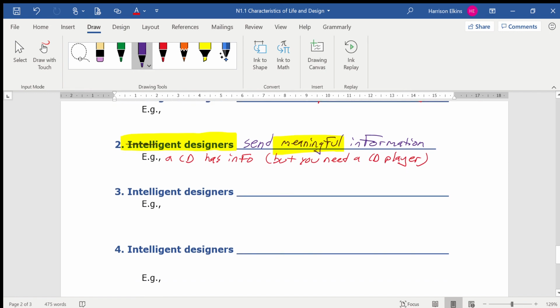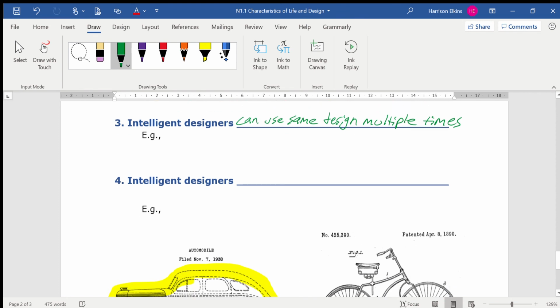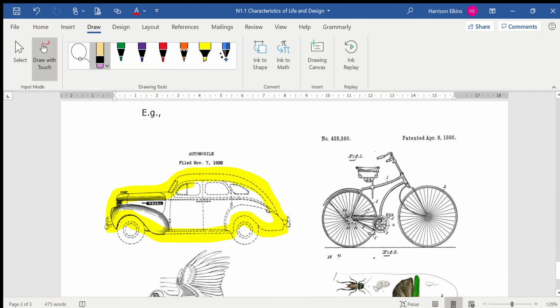Another really cool thing that intelligent designers can do is use the same design multiple times. For instance, if we look down here, these are things that humans designed.